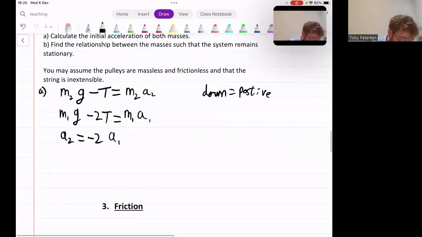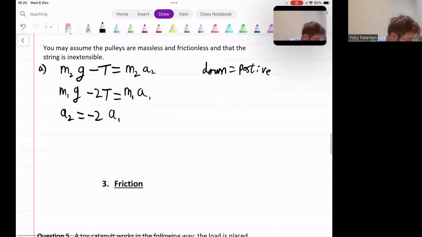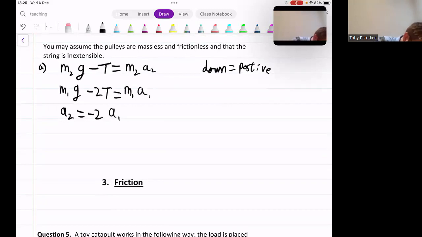Now we need to work out the acceleration, and there's going to be a fair amount of algebra. So we can firstly rearrange this equation to get a2 equals T minus m2 g all over m2, which is equal to T over m2 take away g.